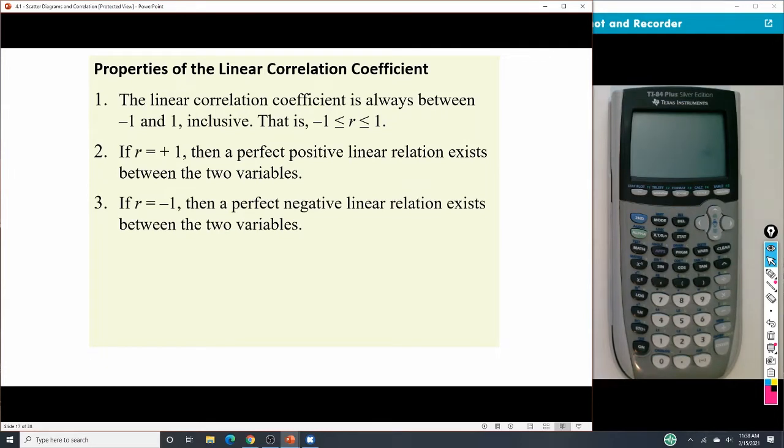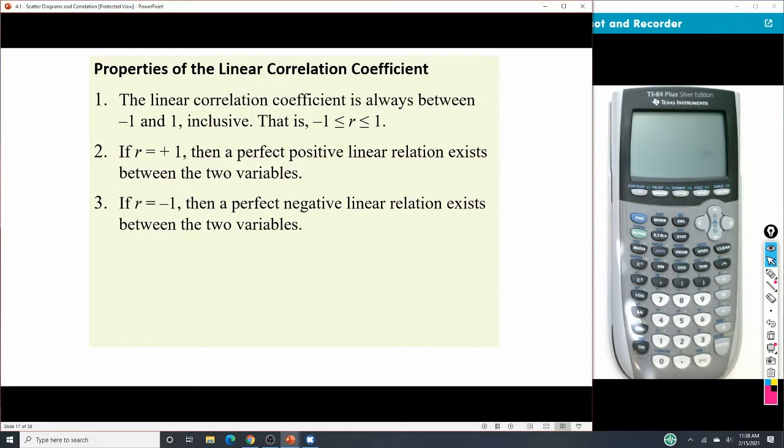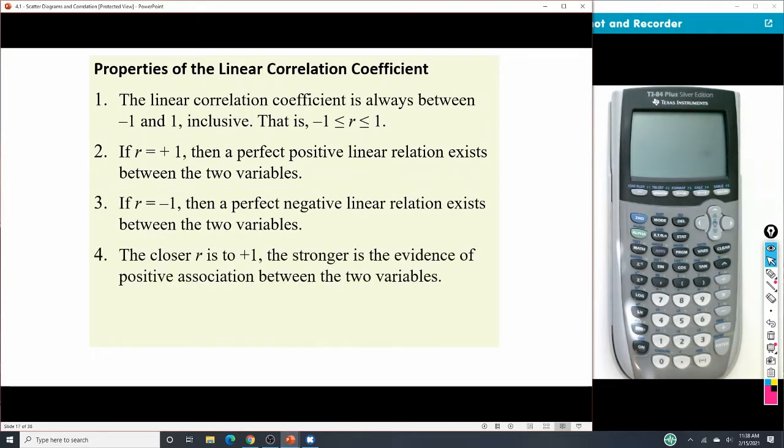So ones mean straight lines. All of our dots line up. Positive means a positive correlation. It's going uphill. Negative means it's going downhill with those. Now the closer to 1 means the closer to a straight line. The closer to 0 means no correlation. So if we have R equals 0, we don't have a linear correlation.